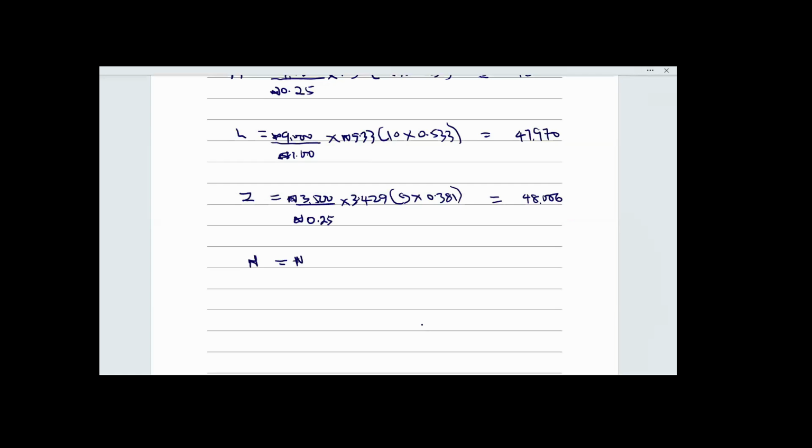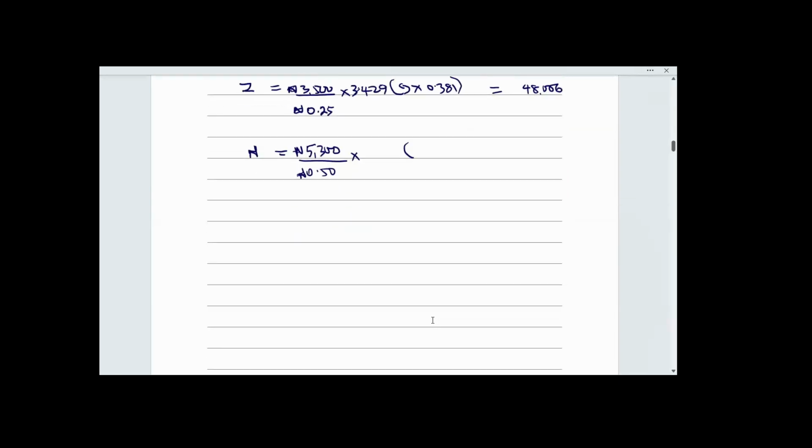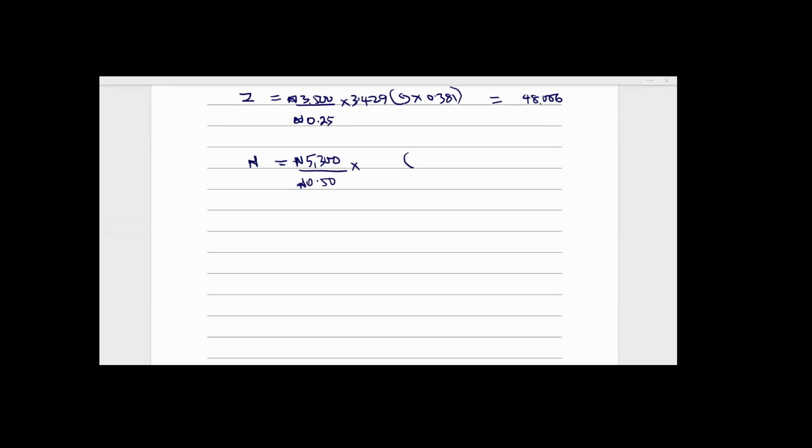So 5,300 divided by 0.50, multiplied by the share price. I don't know the share price. The price earning ratio of Proxy is 14, and earnings per share is 0.323.